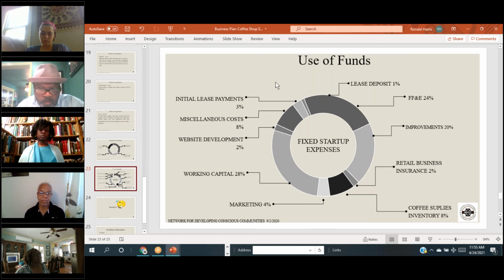So these are some of the line item budget items that you may have on your budget: your website, your lease deposit for your space, your insurances, your other supplies and inventory, your marketing, maybe improvements that you have to make to the building in terms of the build out.